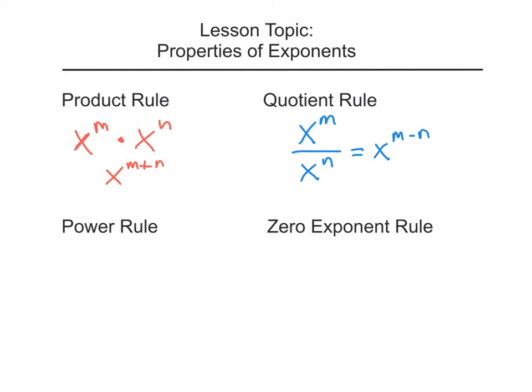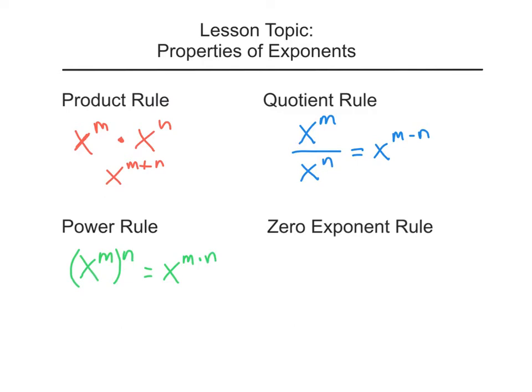The power rule says that if we have just a single base of x and it's raised to a power, again m, and then that entire base and exponent is raised to another exponent, we can keep the base of x and this time multiply the exponents, m times n.